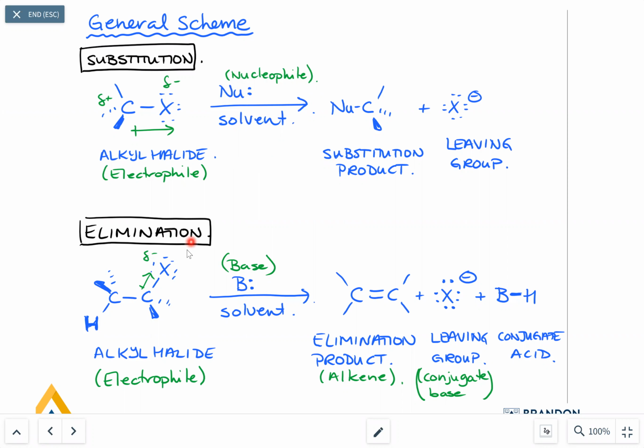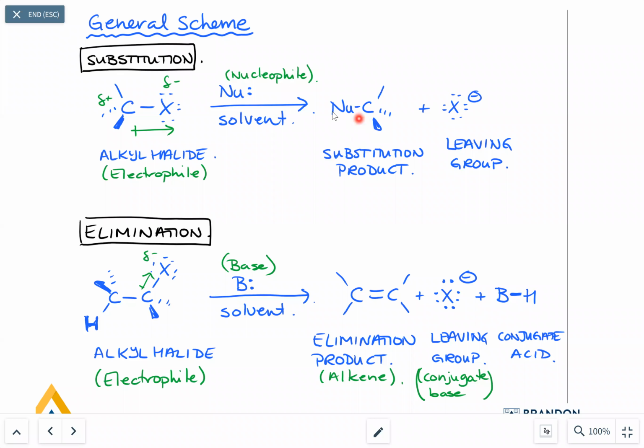So in an elimination reaction, it's the same starting alkyl halide, the same electrophile. The only difference is this is now a base, not a nucleophile, and we're removing a proton on a carbon next door. So rather than attacking this carbon, a base is going to remove a proton, and you're going to get your elimination product. So a double bond, you still have a leaving group, and then your base is going to be protonated. So it's going to form the conjugate acid.